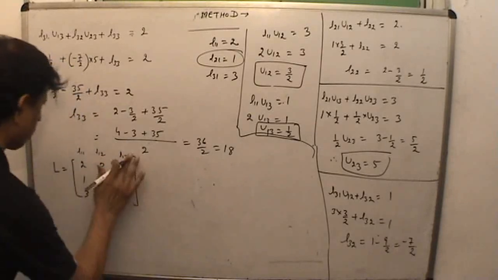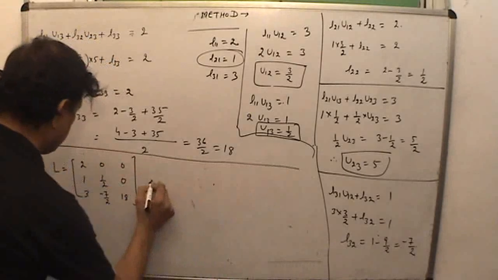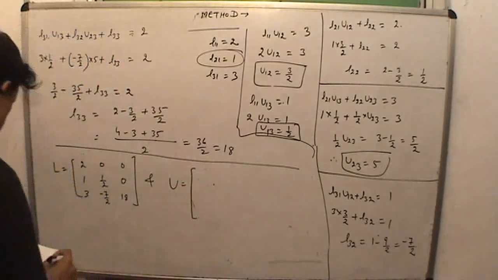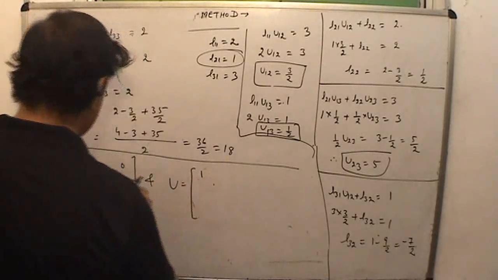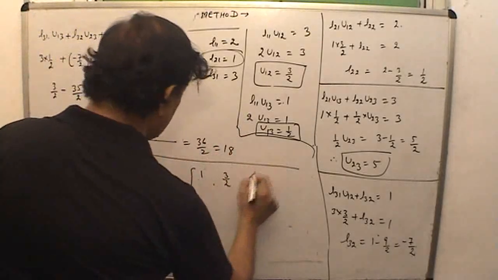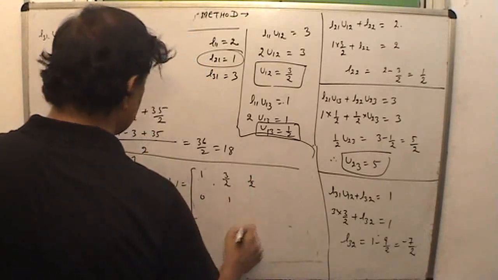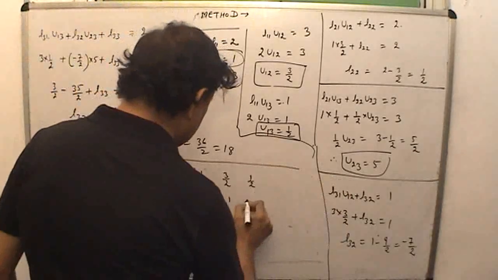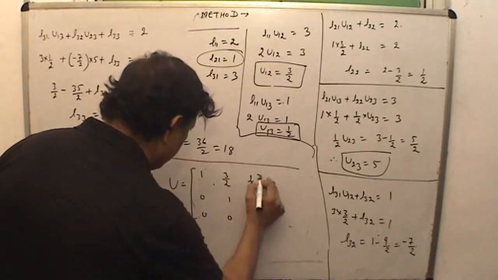It is the lower triangular matrix, and U, the upper triangular matrix, is equal to U11 first element 1, then U12 3 by 2, U13 1 by 2, 0, 1, then U23 that is equal to 5, 0, 0 and 1.